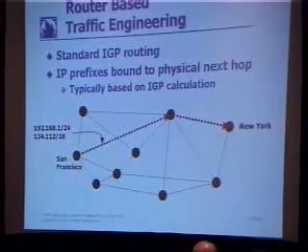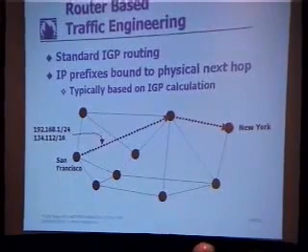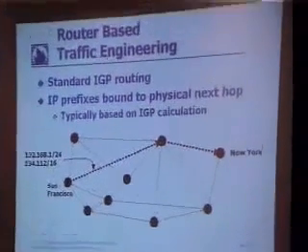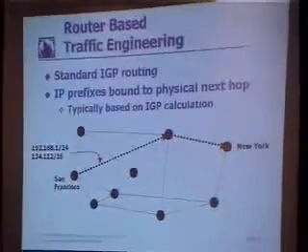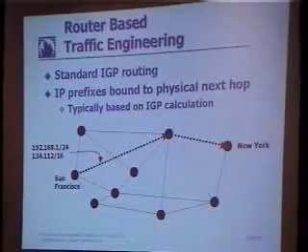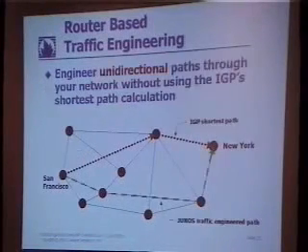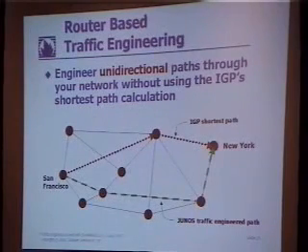So here's just a typical path through a network based on an IGP. These routes may be learned via BGP, but then you resolve the BGP next hop to some IGP route through your network. What MPLS allows you to do now is to send maybe some of that traffic through a different path of your network.